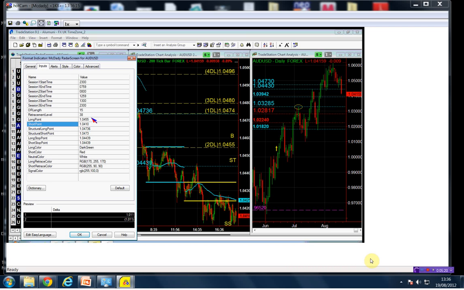So we're buying above the 104.55. Our structural long point is the 104.73, and our stop is going to be the 104.43. Our structural short point here, I missed that, is the 103.94.